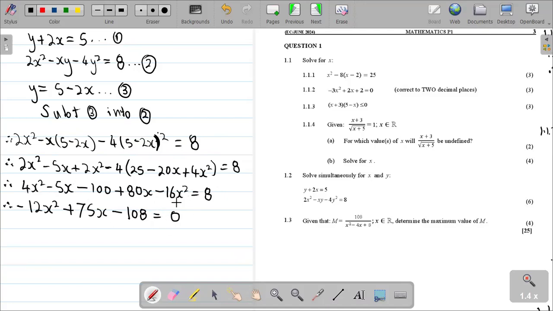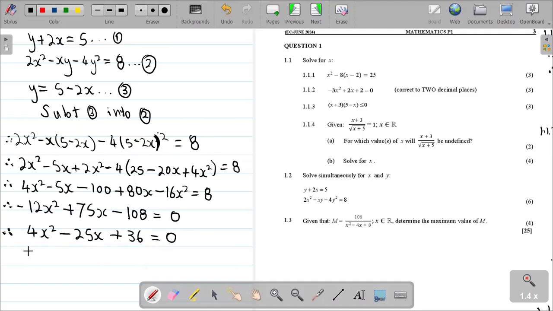So then we can divide by what? By a 3, isn't it? We can divide by a negative 3. So then we are going to have 4x squared minus 25x plus 36, and then equals 0.